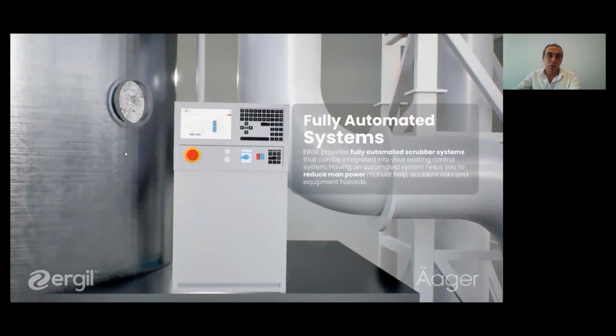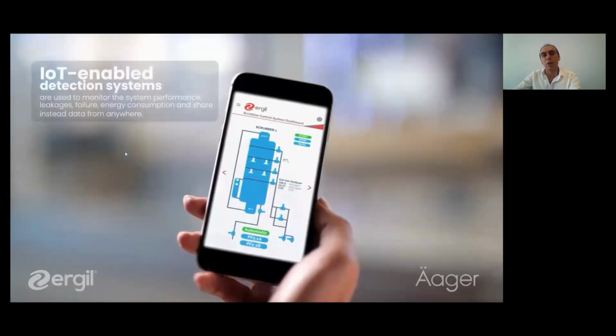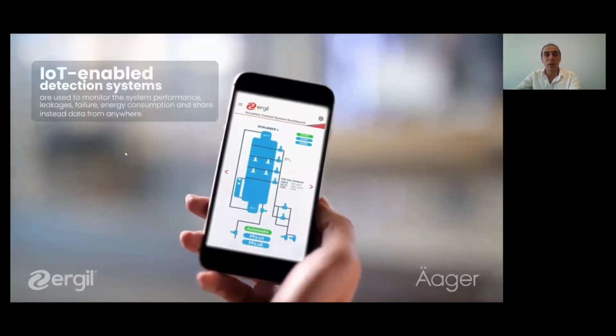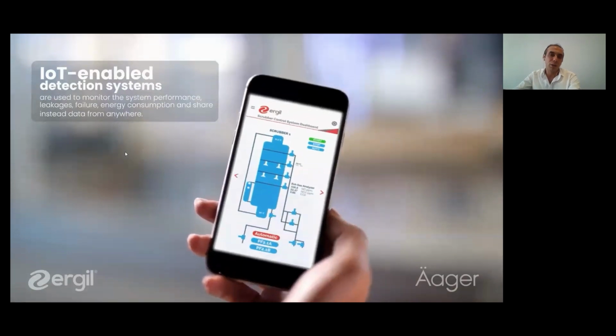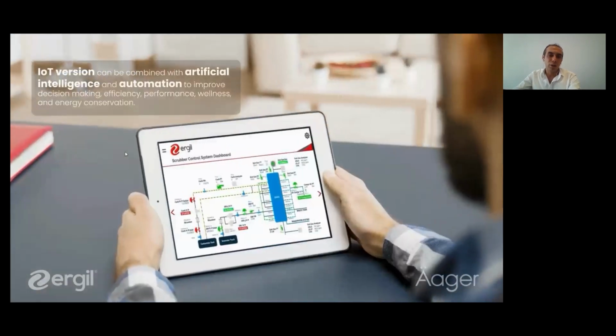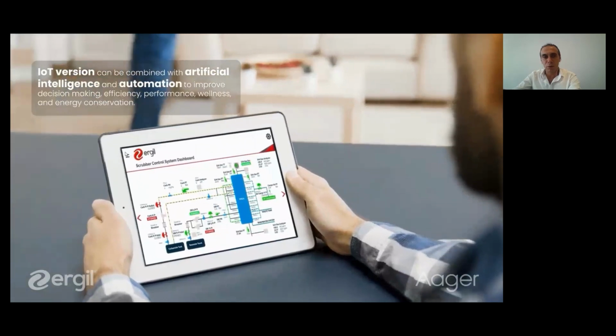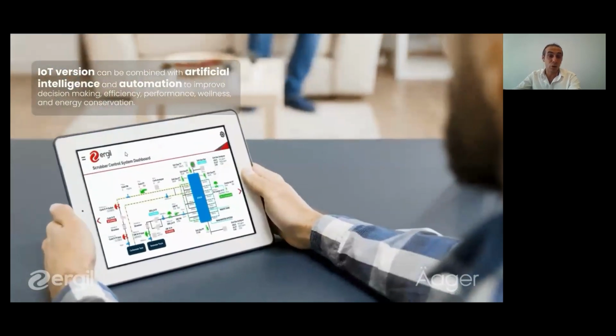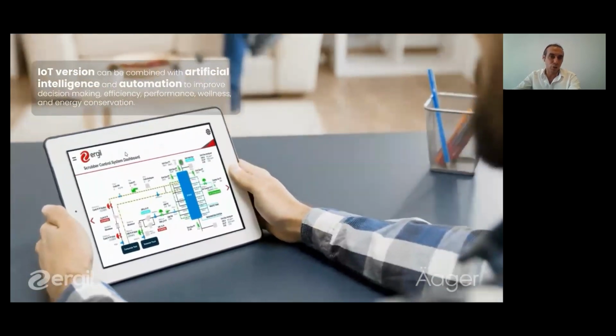This has to be on this unit, the IoT automation control. You can control it from your mobile phone, tablets, or your SCADA system, SCADA room.